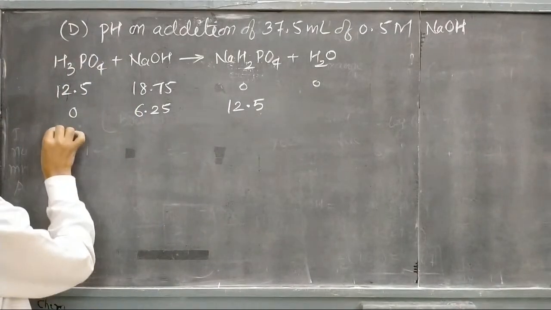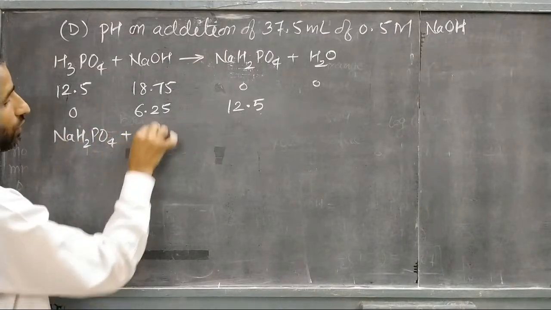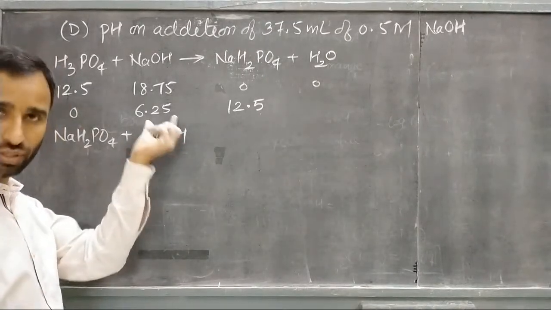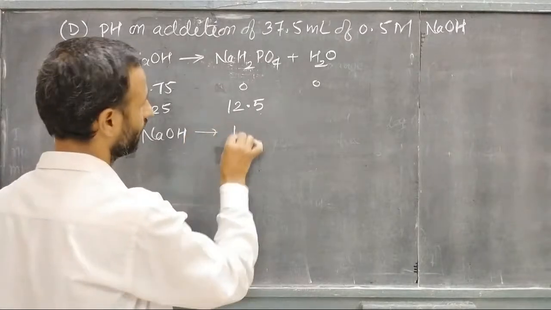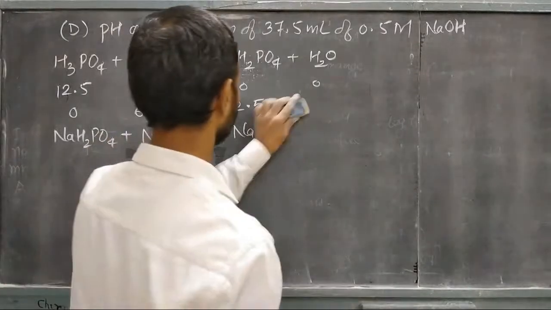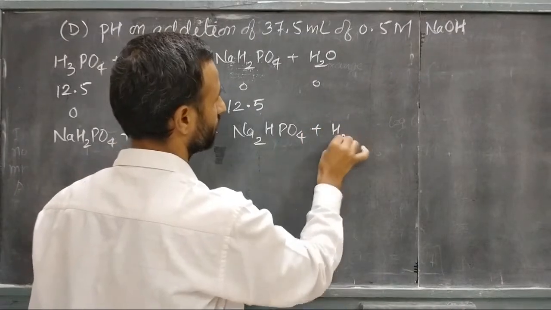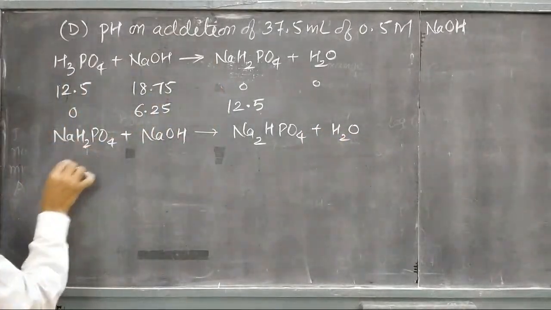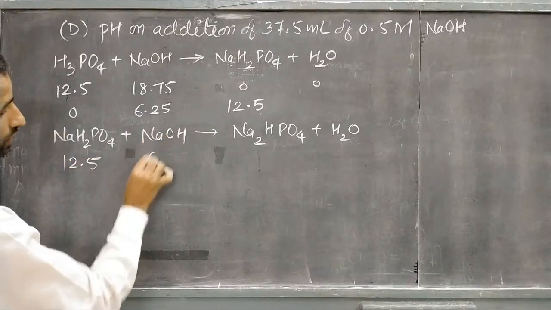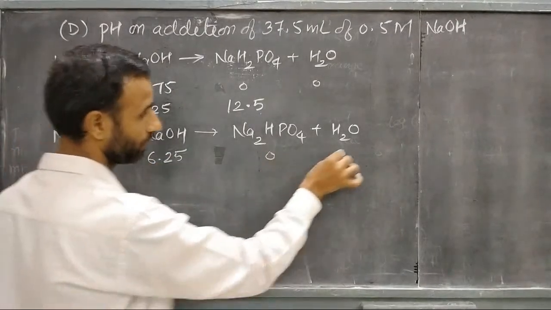Now this NaH2PO4 can further react with sodium hydroxide because we have sodium hydroxide left. So we get Na2HPO4 plus H2O. This is 12.5 and this one is 6.25 initially.